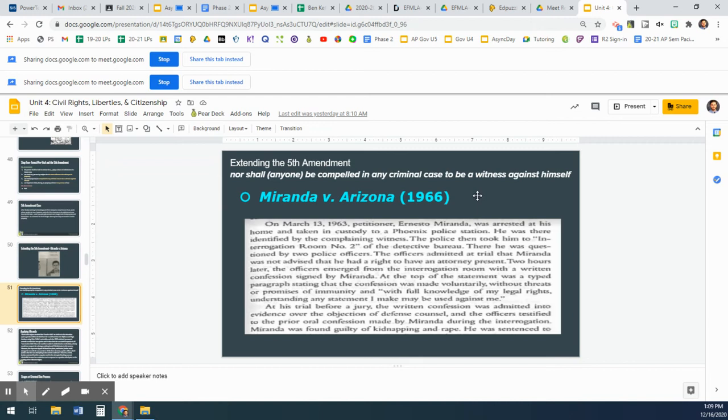He was not aware of his Fifth Amendment rights, that he didn't have to speak. And in that interrogation room, he was coerced into signing a written confession that he didn't write by officers. He did not realize the consequences of his actions, and he felt intense intimidation and pressure to do so.